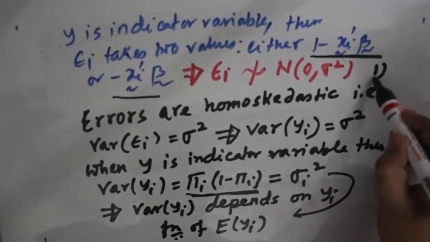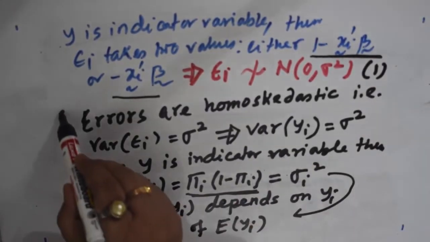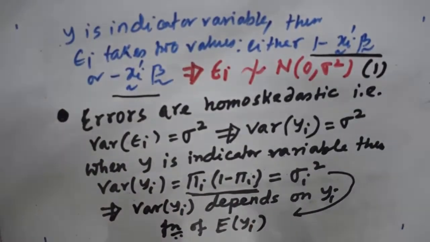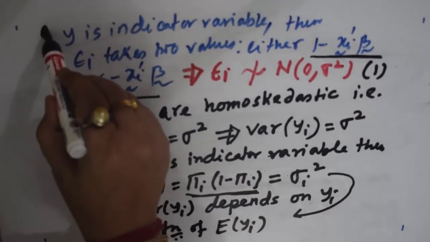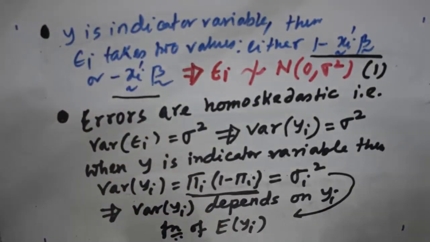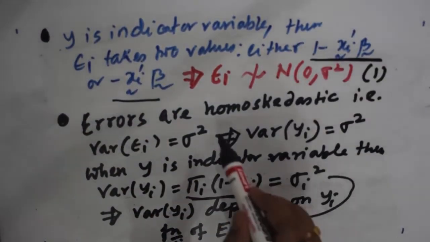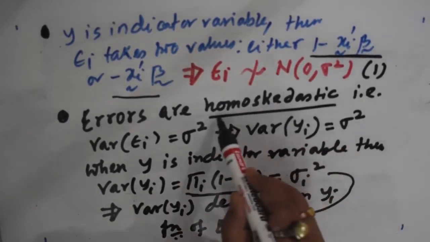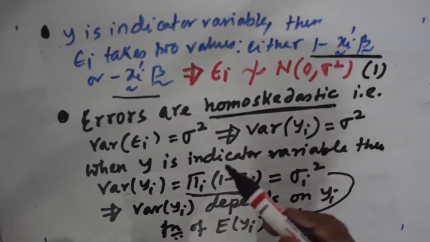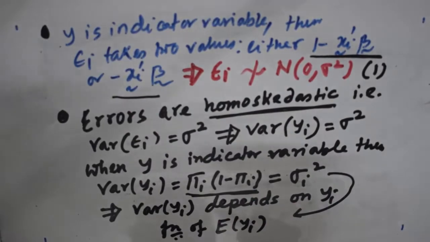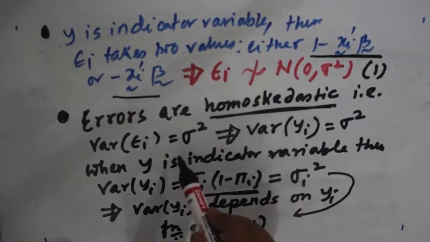Second thing, we observe that in the linear model we assume errors are homoscedastic. So that means variance of epsilon i equal to sigma square.